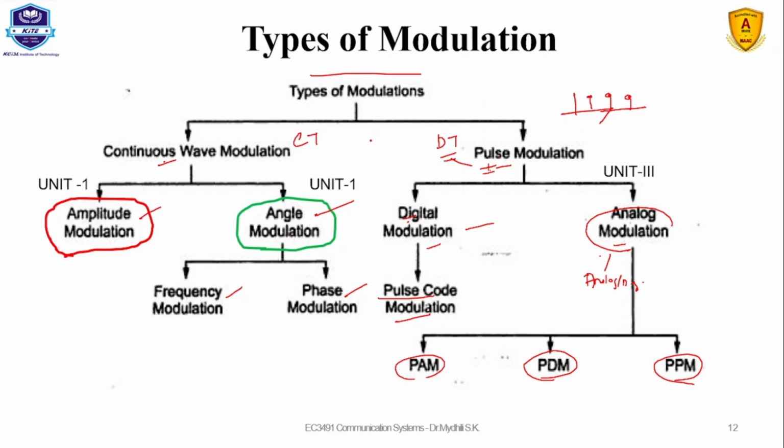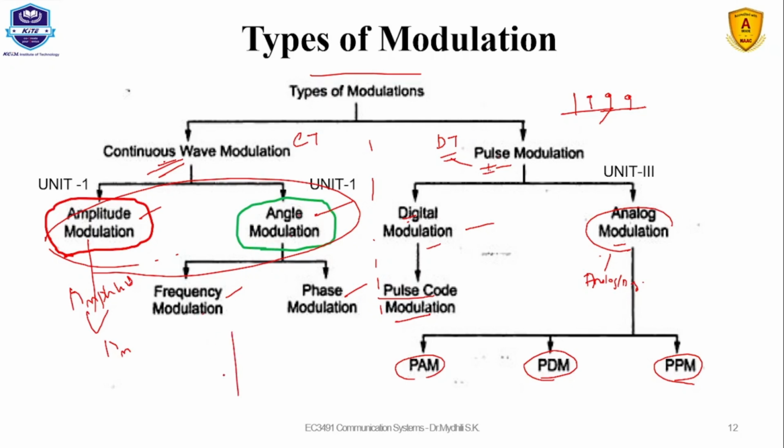Now, of these modulation techniques, for unit 1 we are going to concentrate only on the continuous wave modulation. Together, this is called amplitude modulation, that is analog modulation. This amplitude modulation is explained, and this angle modulation is explained with respect to the same signal.